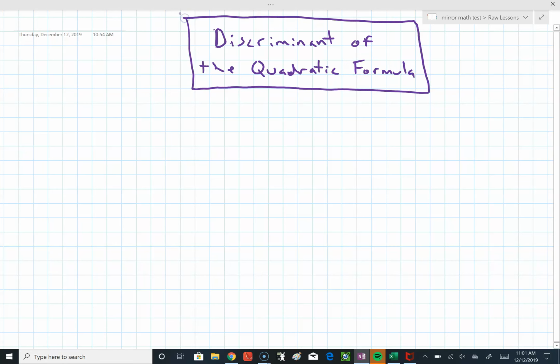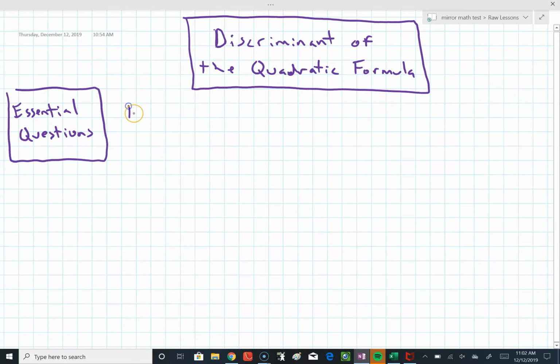The title of the notes: Discriminant of the Quadratic Formula. Two essential questions. One, what is the discriminant?